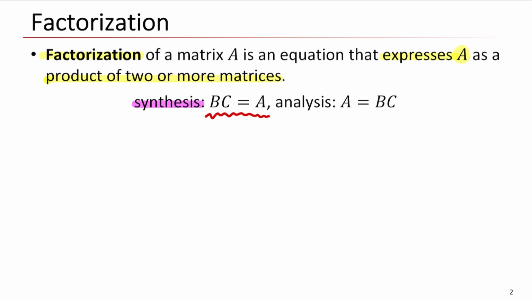However, matrix factorization is a reverse step. It means that from the original matrix A, we can decompose it into P times C to analyze this original matrix A. Okay, so this is the factorization of the matrix A.